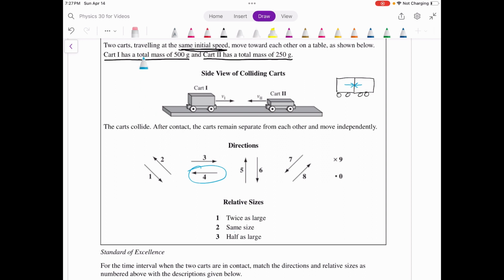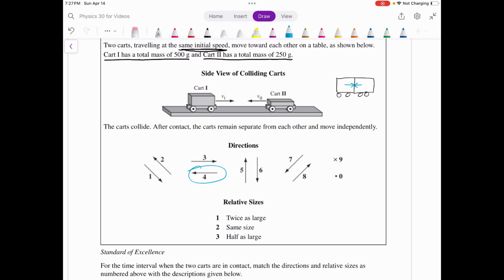And we can guess that they're getting that from the fact that cart 1 has twice the mass of cart 2, right? But remember, this is the law of conservation of momentum. If one object's momentum changes, the other one's has to change the same way, but in the opposite direction for total momentum to be conserved, right?